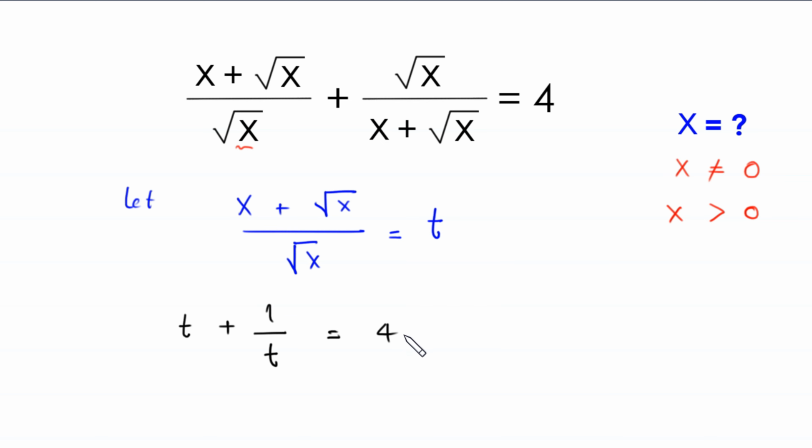Now if we multiply both sides of this equation by t, then t squared plus 1 is equal to 4 times t.